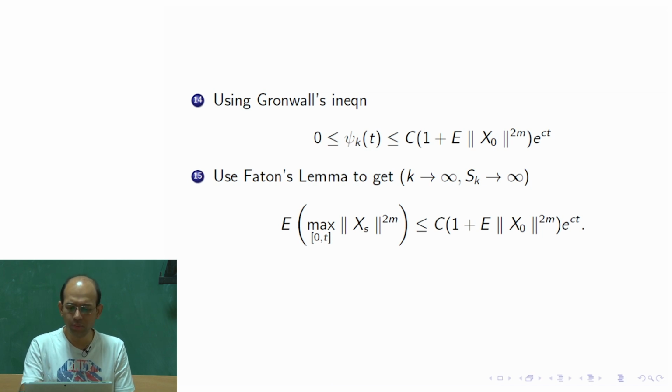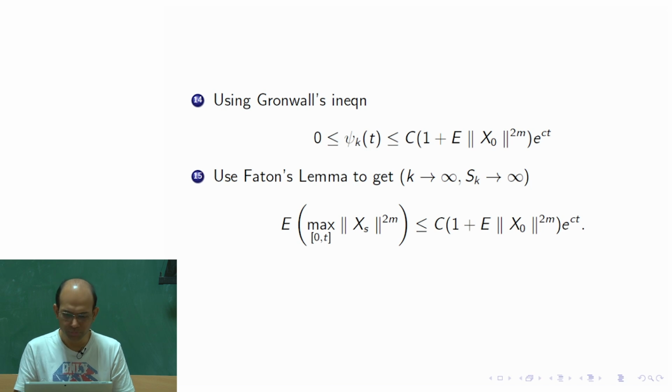Now, we are going to use this thing in our result. What we are going to do is use Fatou's lemma, taking k tends to infinity. As k tends to infinity, s k goes to infinity almost surely, that you have seen earlier.